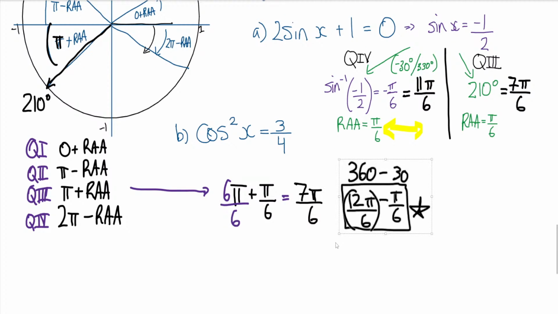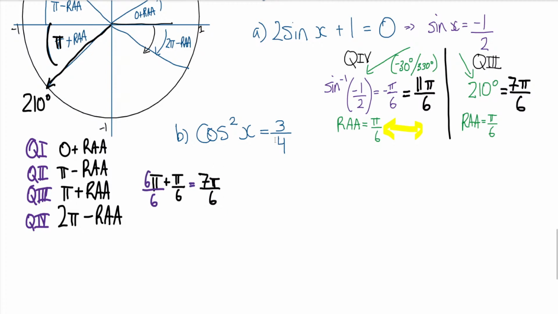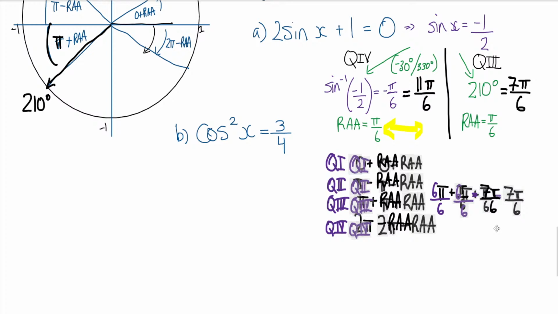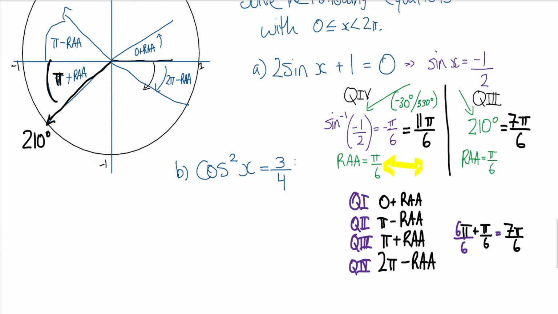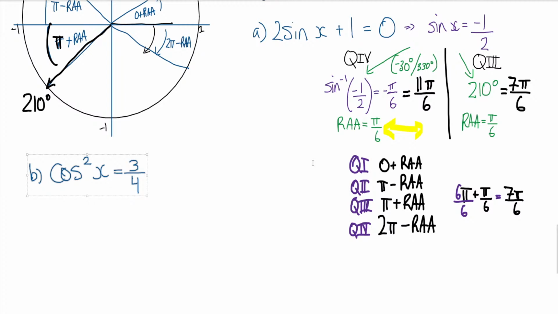Okay, so this strategy is what's so comfortable and nice about radians, and you'll forget about degrees in this world. Do you want to try to solve this one? We're going to use the same method. We're going to rearrange to the point where we get a sine inverse or a cos inverse.